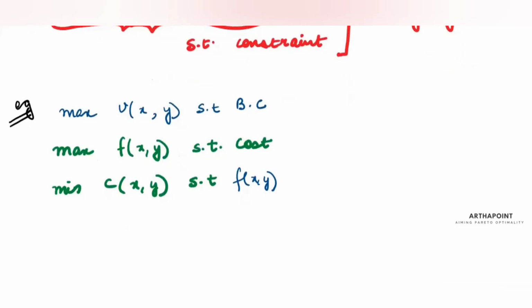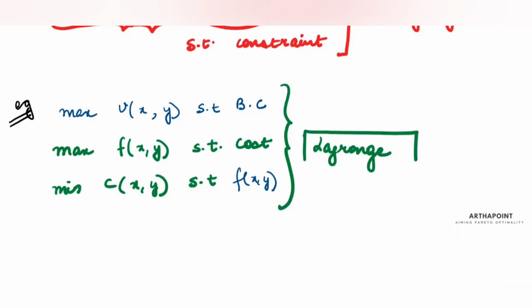Whenever you have to maximize or minimize any function subject to a constraint, the method that we can use is known as the Lagrange method. My entire microeconomics course will use this Lagrange method in huge detail.